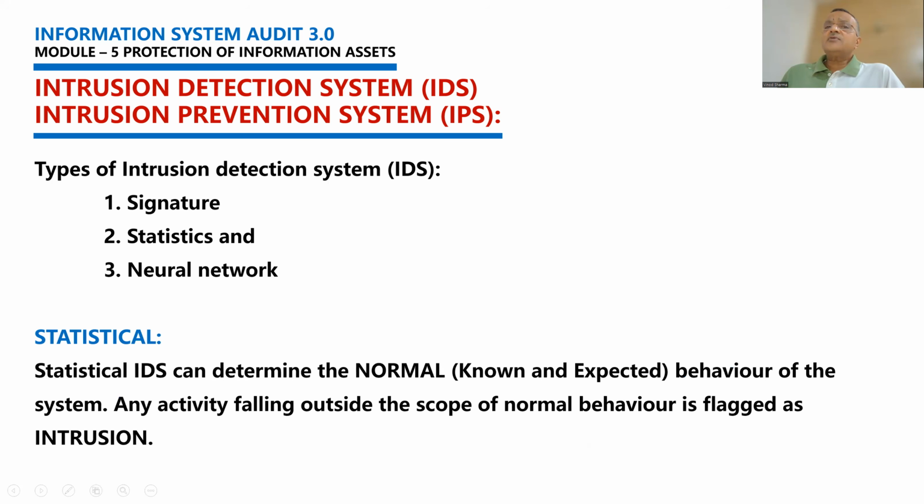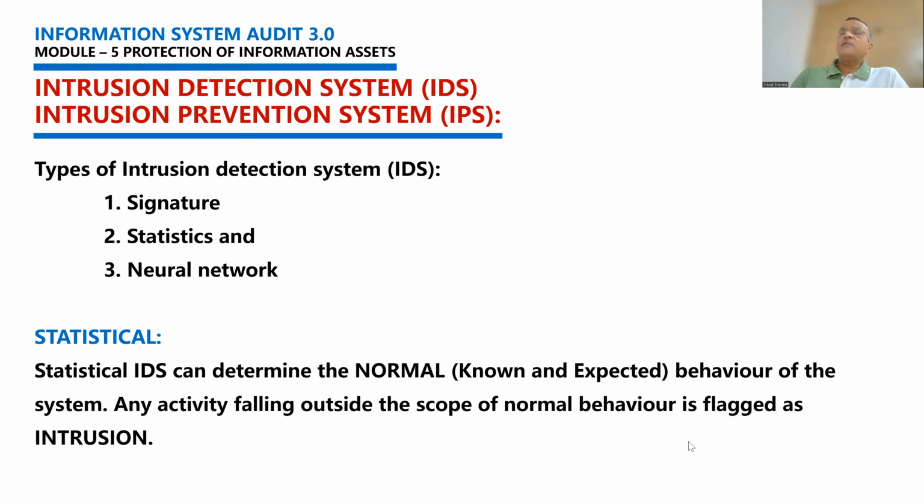Now, statistical intrusion detection systems can determine the normal and expected behavior of the system, and any activity falling outside the scope of the normal behavior is flagged as intrusion. Again, when you're talking about the statistical, there are certain known rules expected.